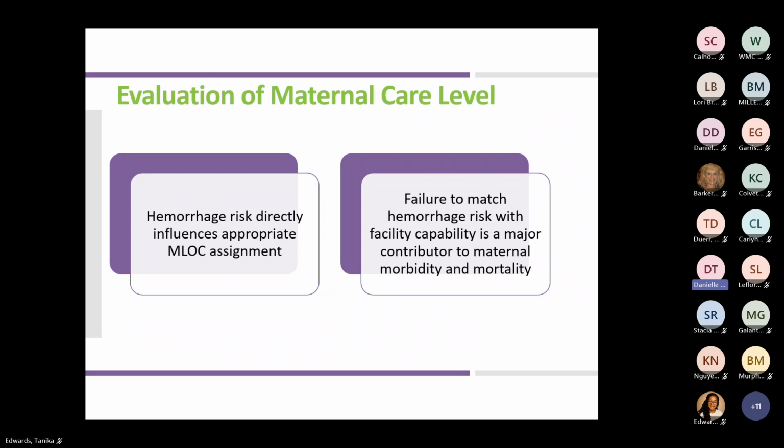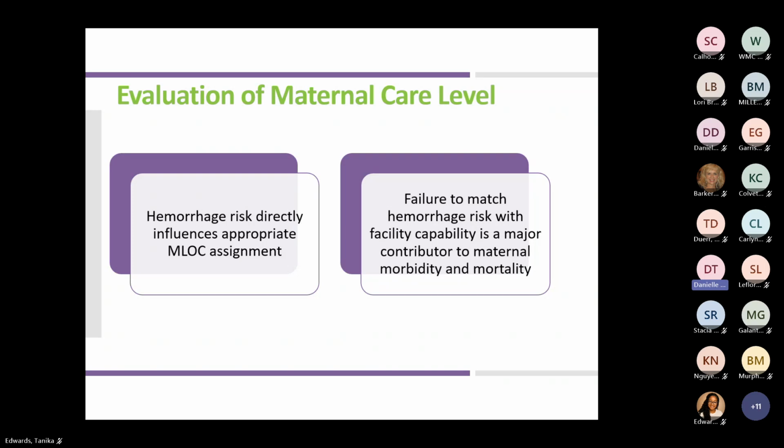When we talk about evaluation of maternal care level as it relates to hemorrhage, it's important to know that the hemorrhage risk directly influences the appropriateness of the maternal level of care assignment, meaning being proactive. We're coming in saying, if this is a high-risk patient, we know we need a higher level of maternity care, and that may require a lower level hospital to move a patient prior to even delivery or at the start of the change for safety reasons.